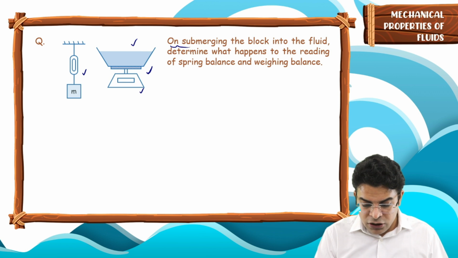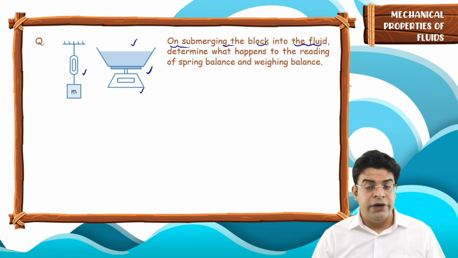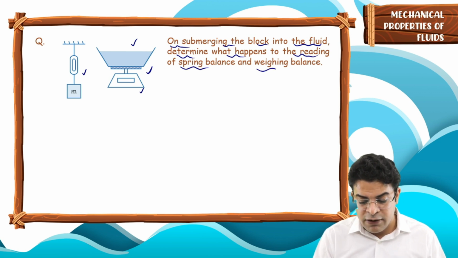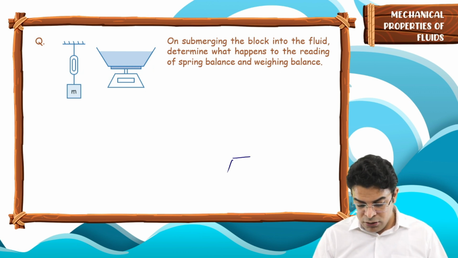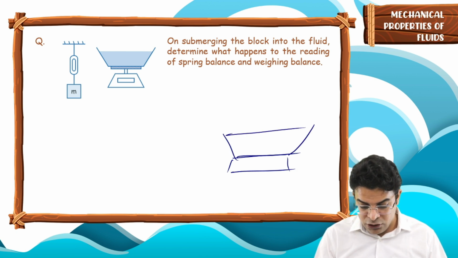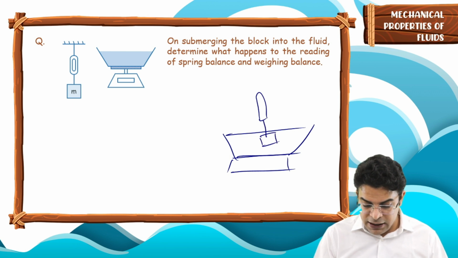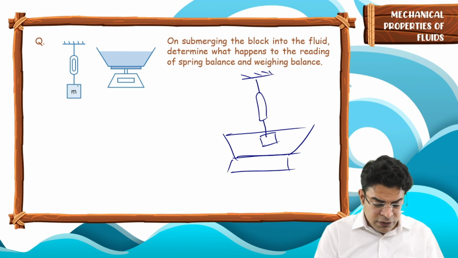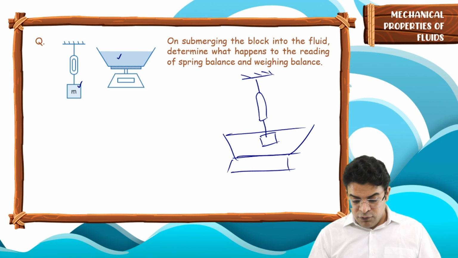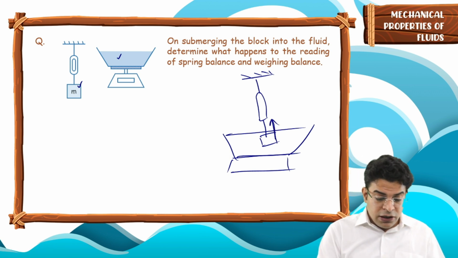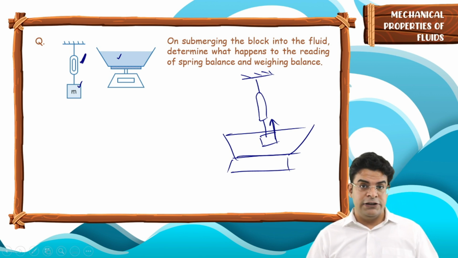The question is, on submerging the block into the fluid, determine what happens to the reading of the spring balance and the weighing balance. Once you have immersed this block into the fluid, the fluid will apply some upthrust. Since the fluid applies some upthrust, the reading of the spring balance will decrease.